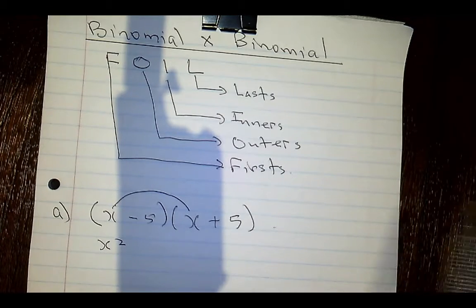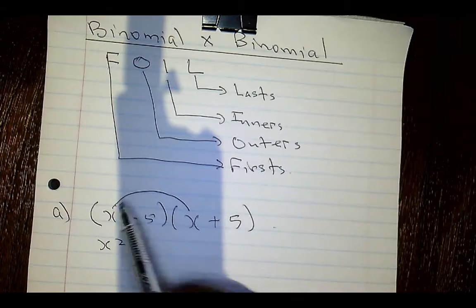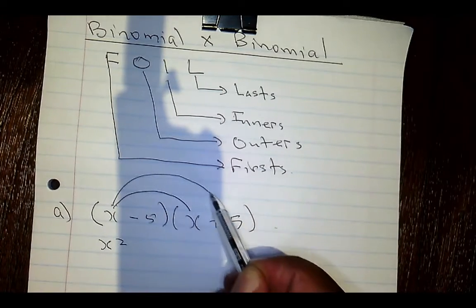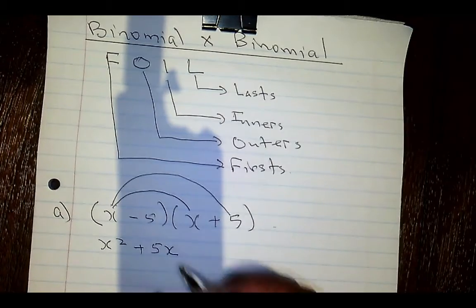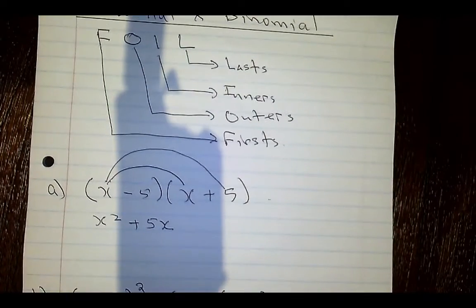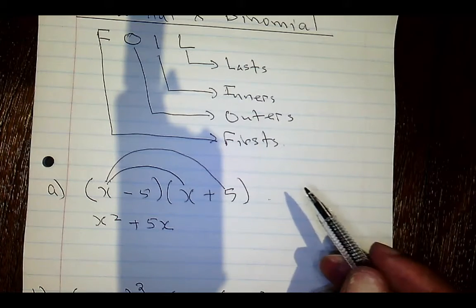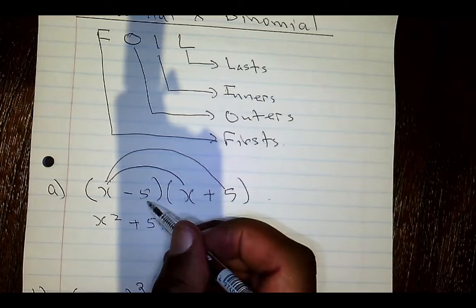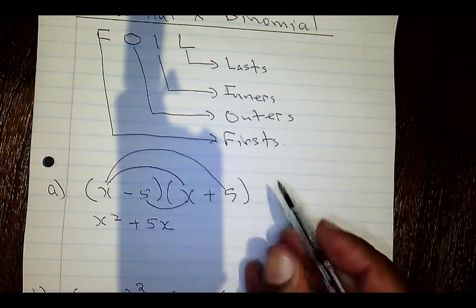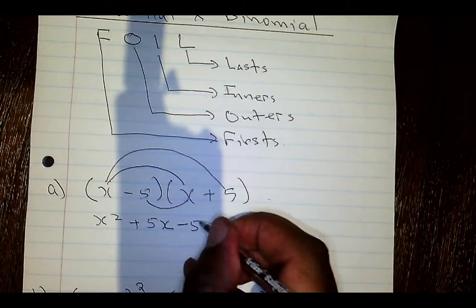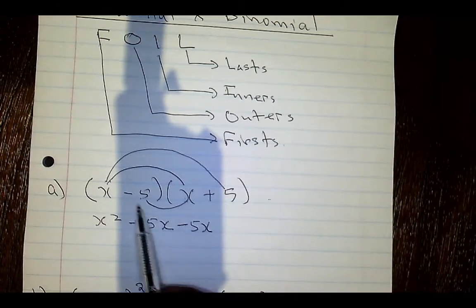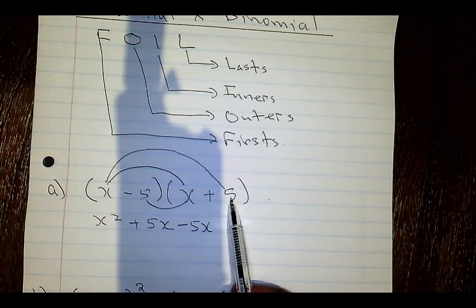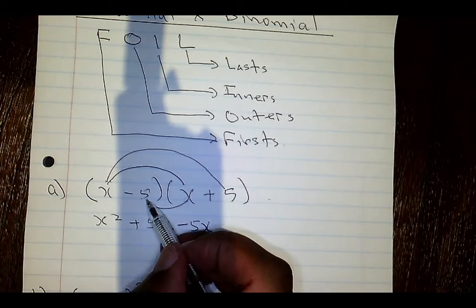Then you multiply the outers, that is outer, that is outer. So you take the outers, multiply them by each other, that will give you plus 5x. Then you take the inners, minus 5 and x are inner, so multiply them, that gives you negative 5x. And then take the lasts, minus 5 is last and plus 5 is last in those expressions.